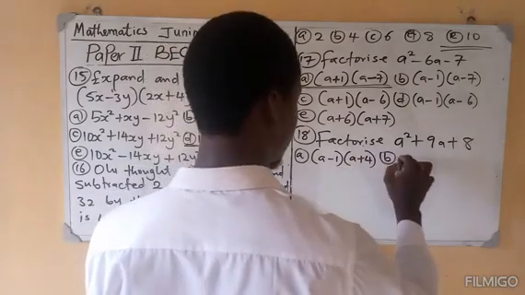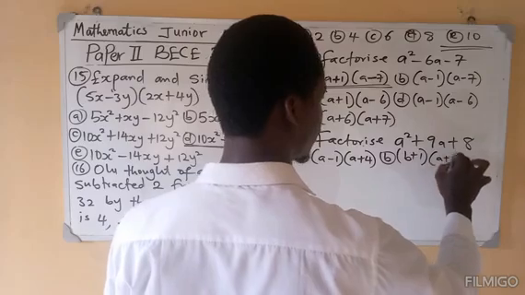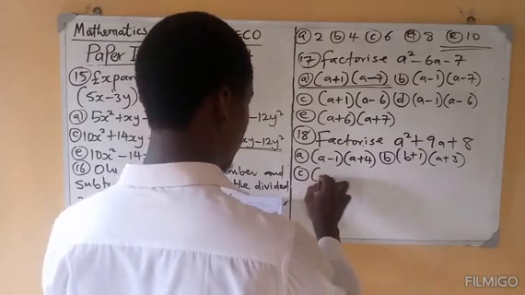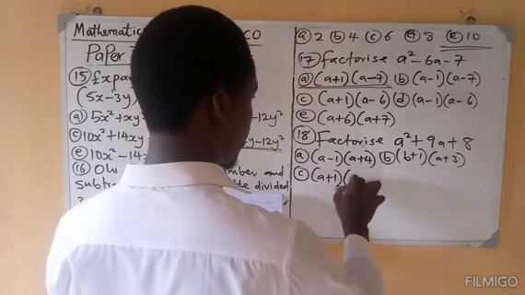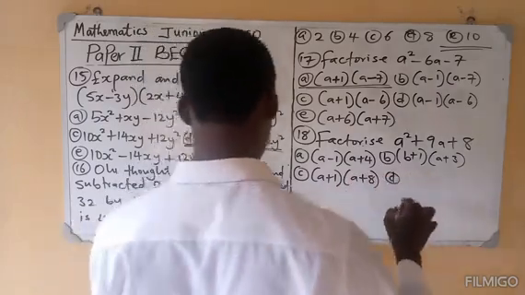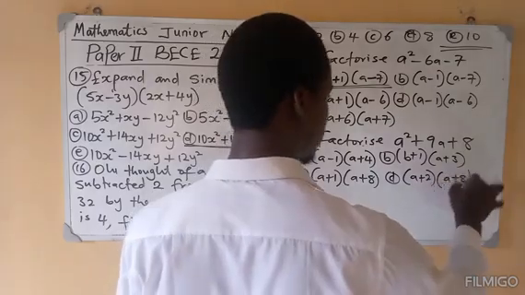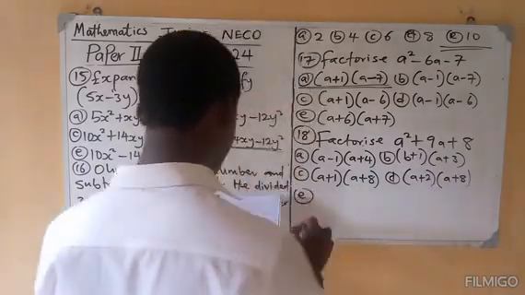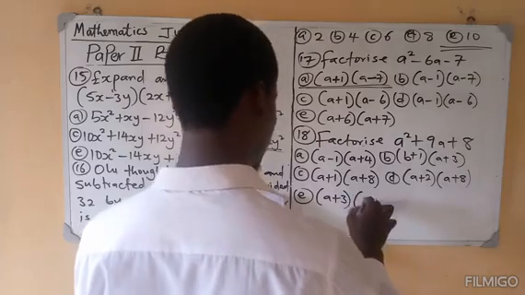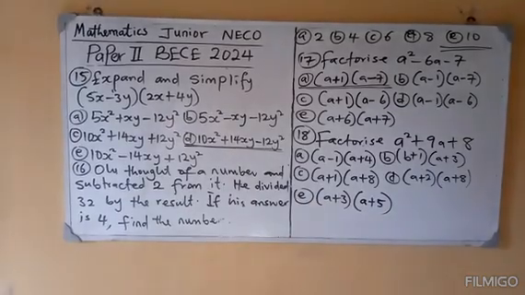B, a plus 1 and a plus 3. C, we have a plus 1 and a plus 8. D, we have a plus 2 and a plus 8. And the last option, we have a plus 3 and a plus 5. Okay, so we clean the other side of the board.